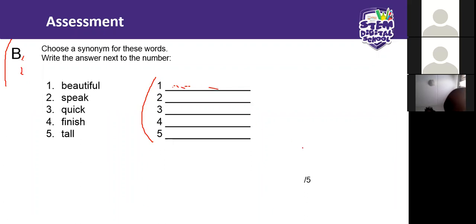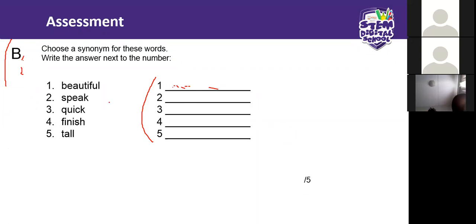Okay. I'm going to repeat it. Give me another word, a synonym for beautiful. Something else that also means beautiful. Well done.